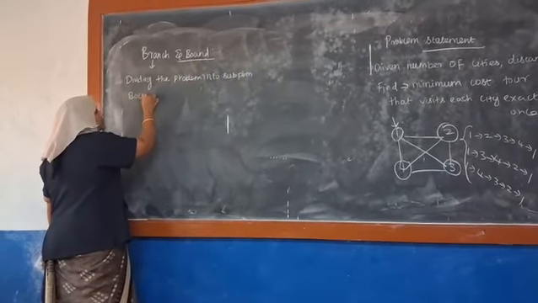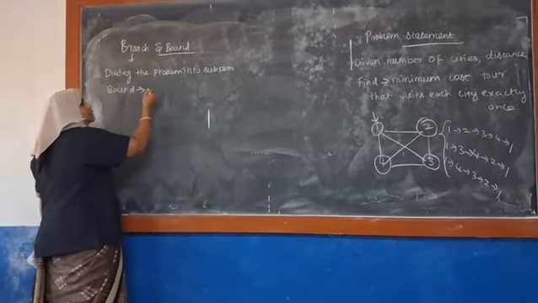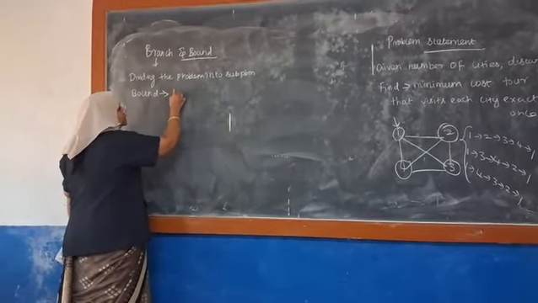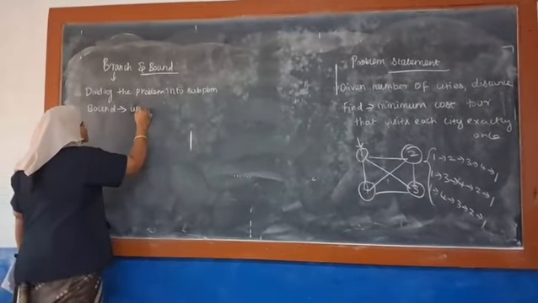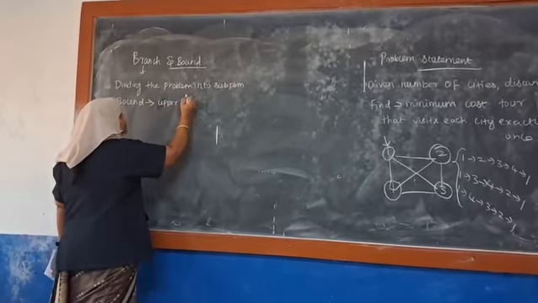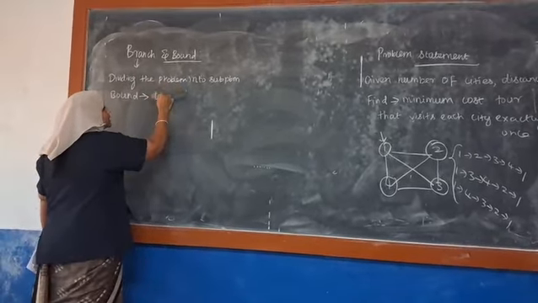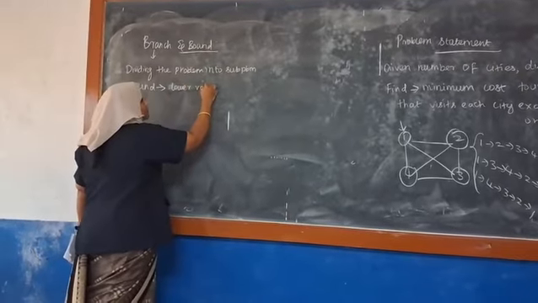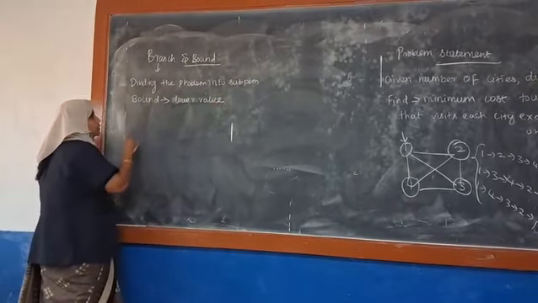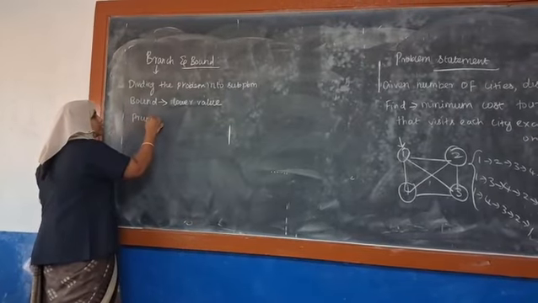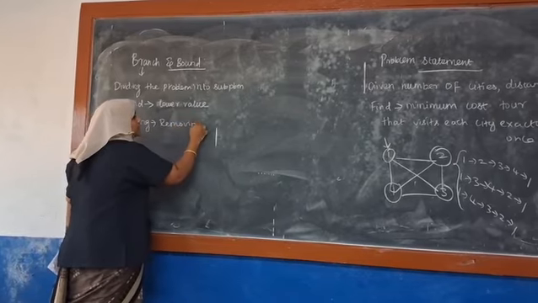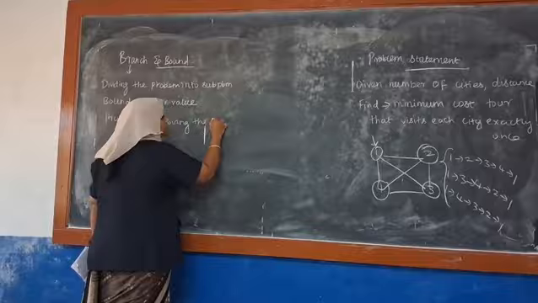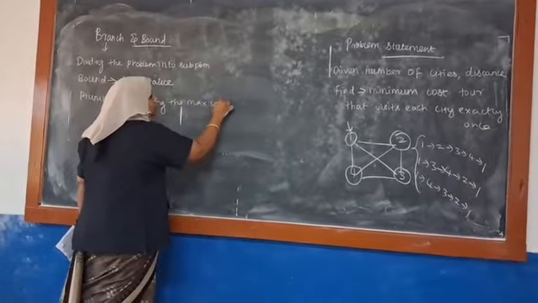Bound means we are taking the lower value, that is the lowest cost. The next one is pruning. We are removing the maximum cost.